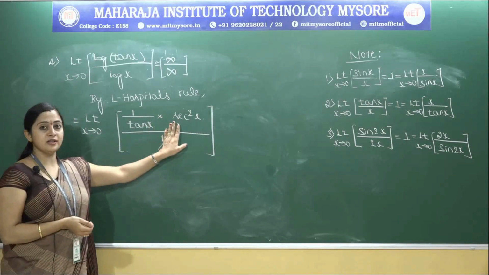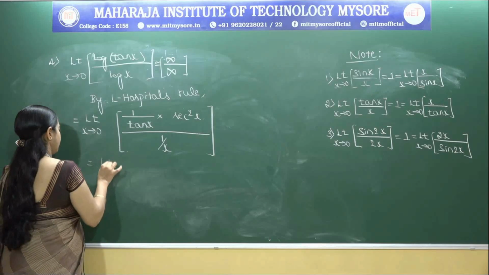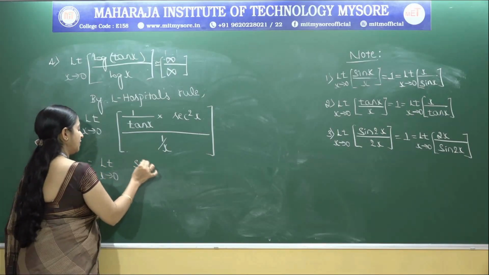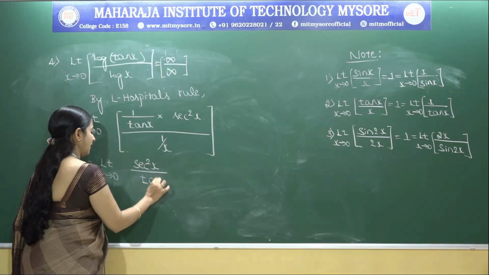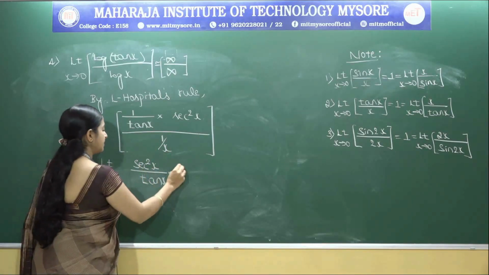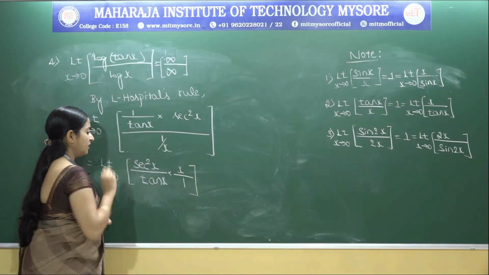Then first you simplify this, next you apply the limit. The limit of x tends to 0: in the numerator you have secant square x, denominator is tan x. Write 1 by x as x divided by 1, take the term to the numerator.